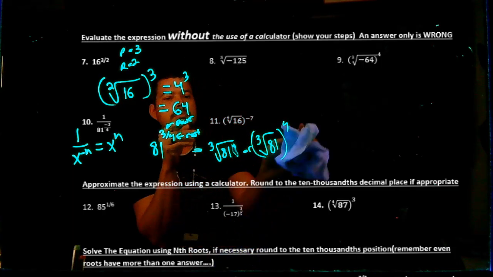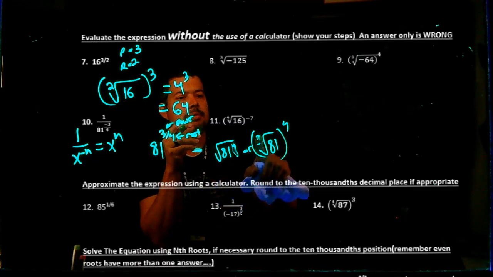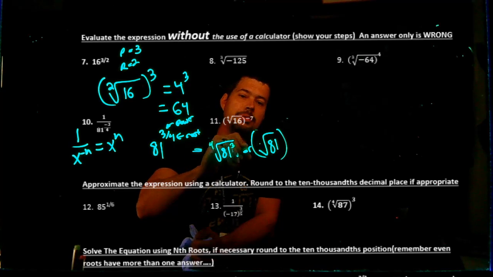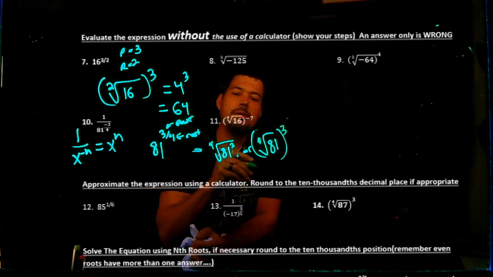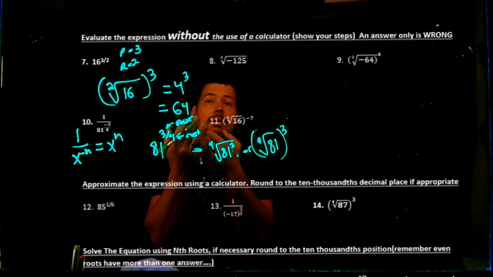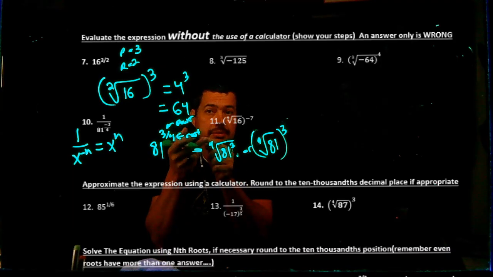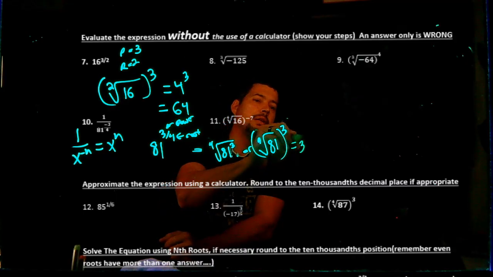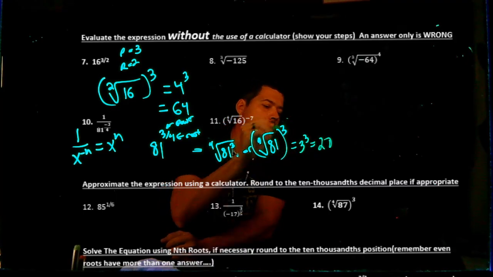Oh, did some stuff backwards there. My bad. I didn't catch it till I realized there wasn't a 4th or 3rd root of 81 that worked that way. Now, turns out 3 times 3 times 3 times 3 is 81. So this becomes 3 cubed, which is 27.